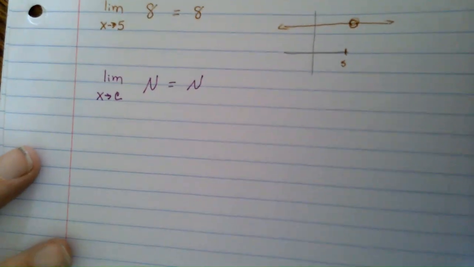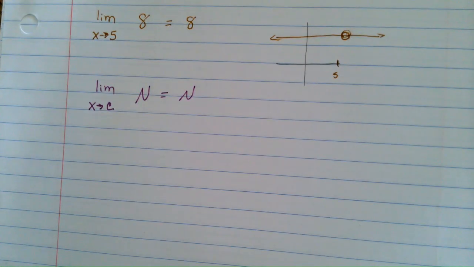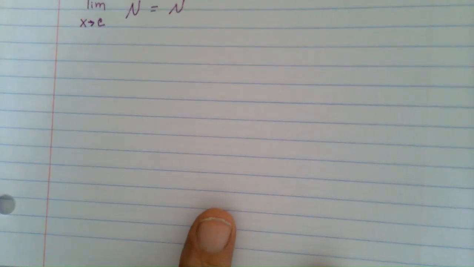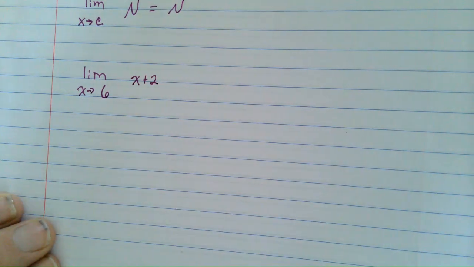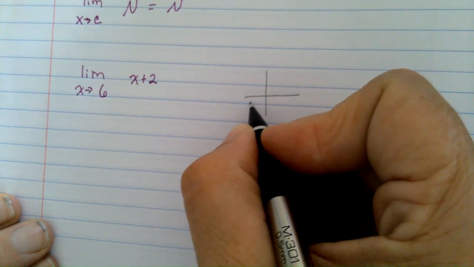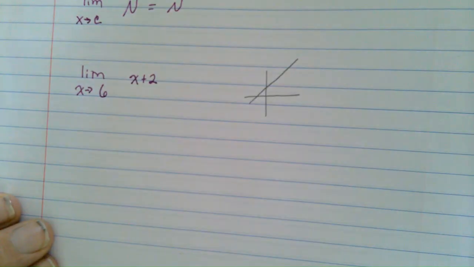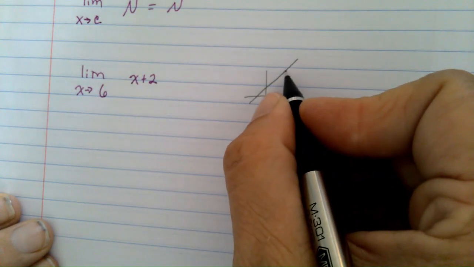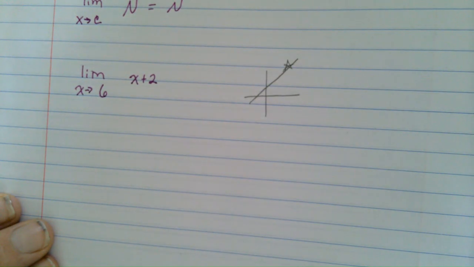Okay, so let's see what happens when we get a little bit crazier. What about the limit as x approaches 6 of this line right here? Okay, so now we have a function. So we can think about our graph, right? So 6 would be right here-ish. What y value is that?